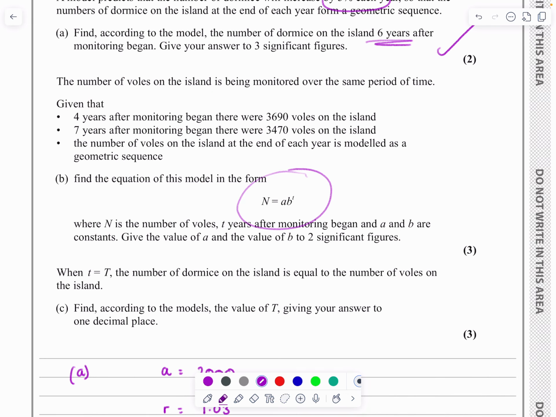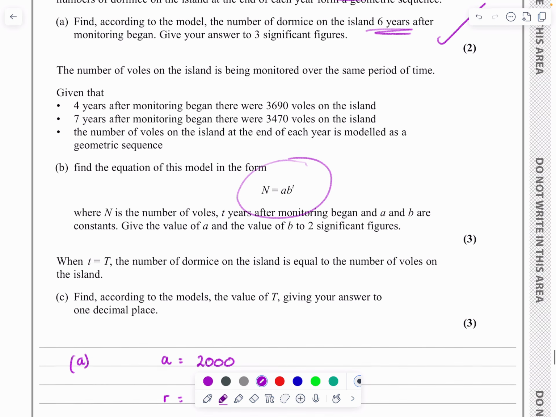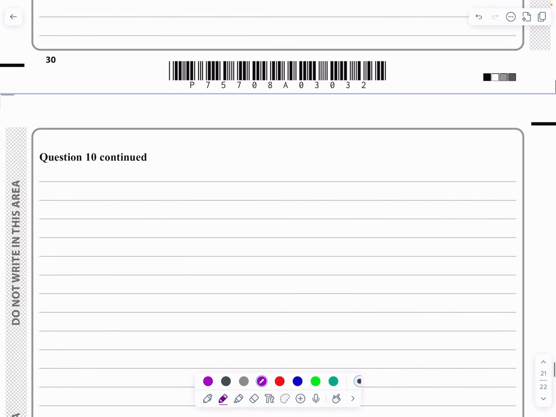So if I put both of those pieces of information in, I should be able to get rid of all the variables and end up with a solution. So for part B, we're using the formula n equals AB to the t, and the information they told me was that 3,690 will be when t equals 4, and 3,470 will be when t is equal to 7.